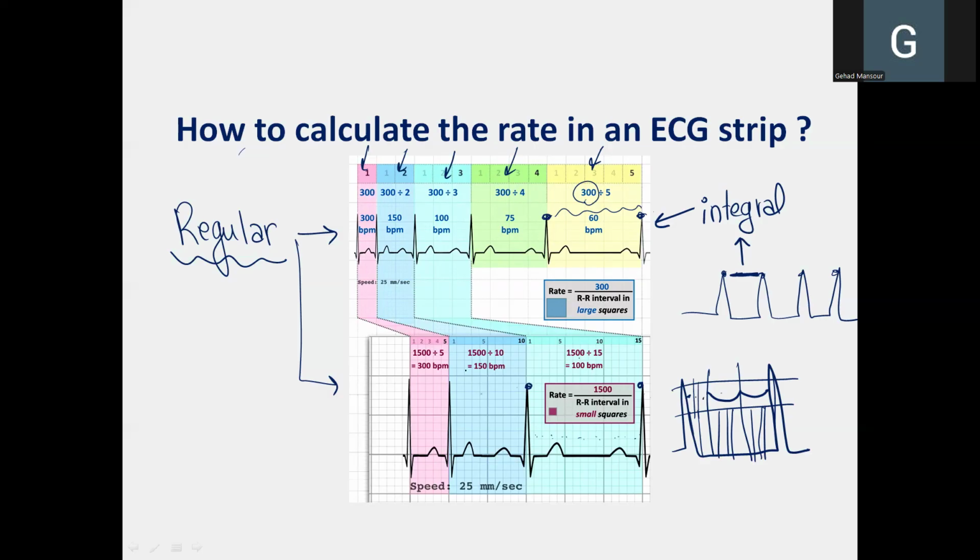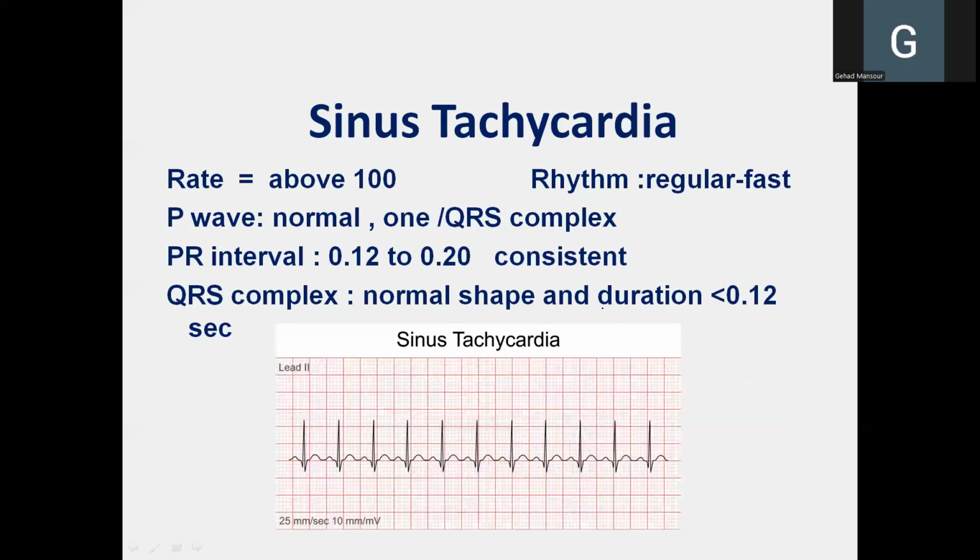I'll be postponing the irregular heart rhythm until we reach atrial fibrillation. Here, for example, we will apply the same. I'll not be repeating in order not to make the video too lengthy. Here, for example, the diagnosis is sinus tachycardia.